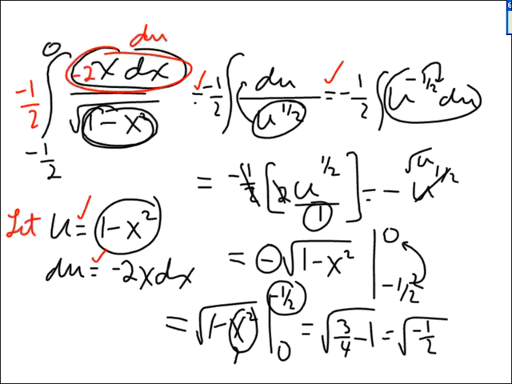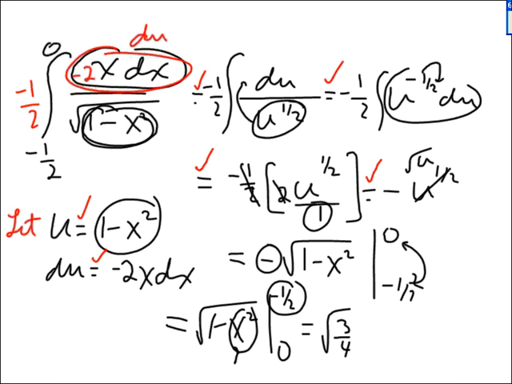The -1/2. Okay, I agree with that equal sign. I do agree you get negative the square root of u. What I messed up on was this silliness over here.